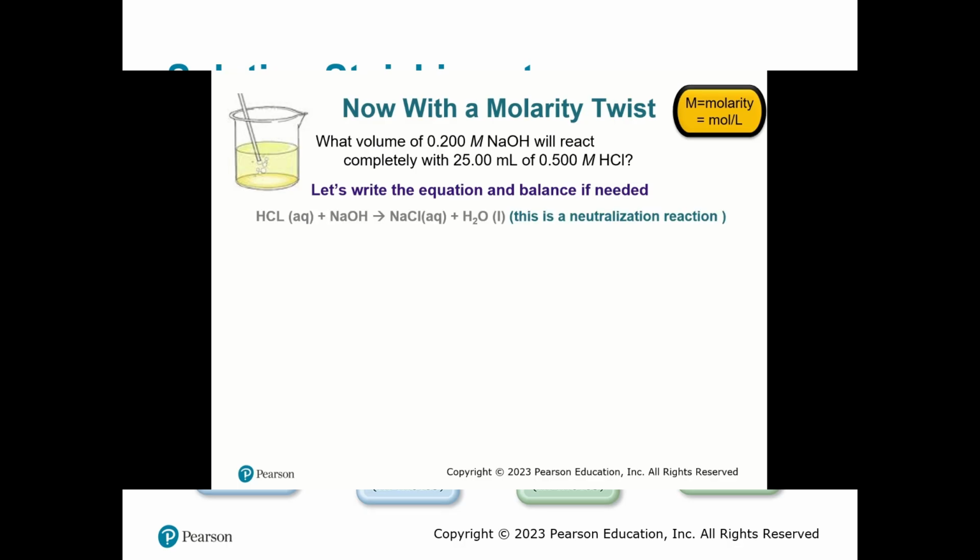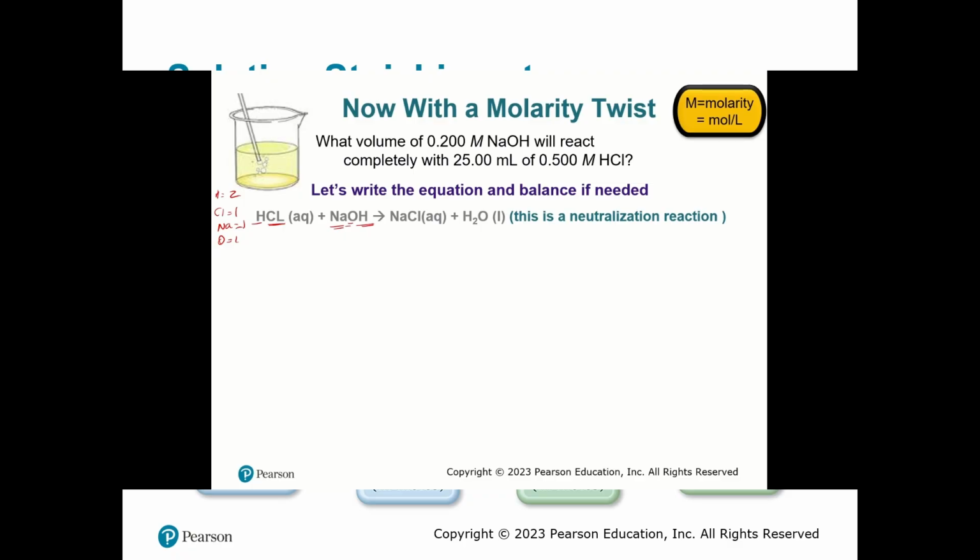On the reactant side, we have hydrochloric acid, and when you look at the atoms, how many hydrogens do I have? I have 2 hydrogens, 1 chlorine, 1 sodium, and 1 oxygen.